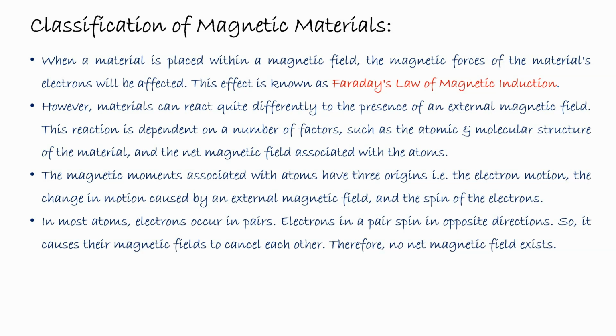That's why most materials behave like a non-magnet: within the materials the electrons are in pairs, and their motions are opposite to each other. Therefore, the magnetic fields produced by the spin of each electron cancel each other, because if their motion is in the reverse direction, then the magnetic field produced will also be in the reverse direction. So the net magnetic field will be zero.